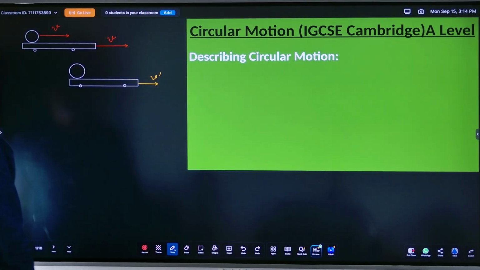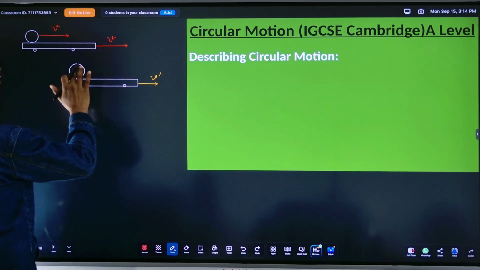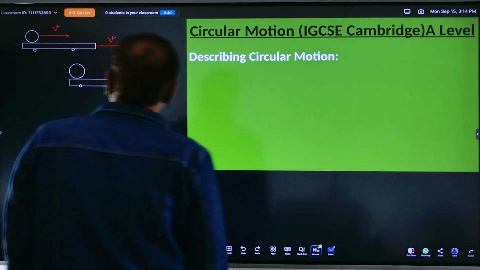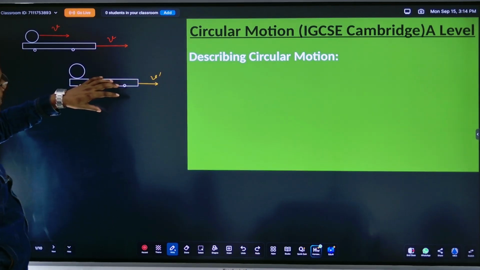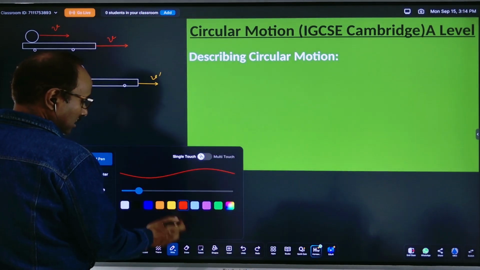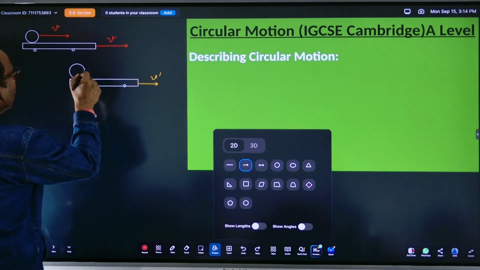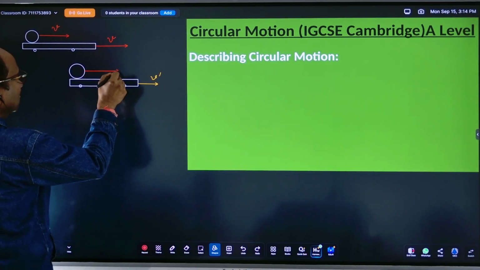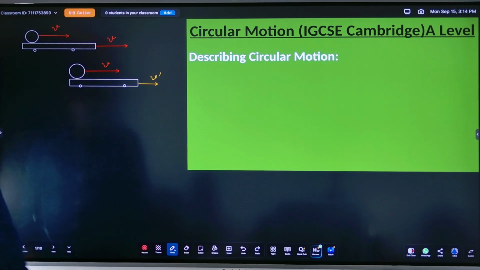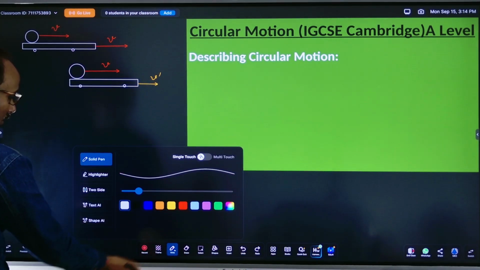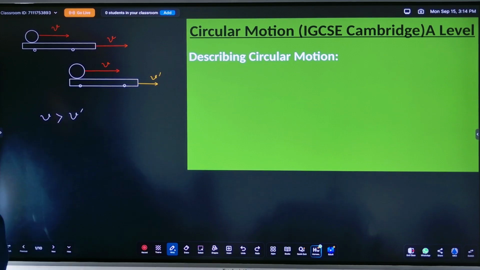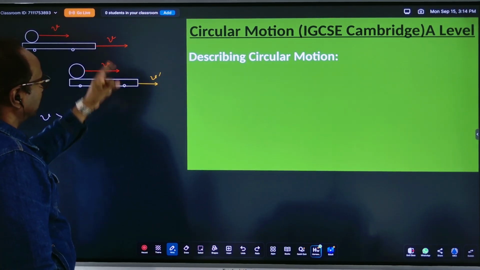Whereas at that time, the ball is not rigidly attached to the train. So applying the brake on the train will not have any effect on your ball. So the ball will continue to move with velocity v. Now because of the brake, v prime will be less than v.